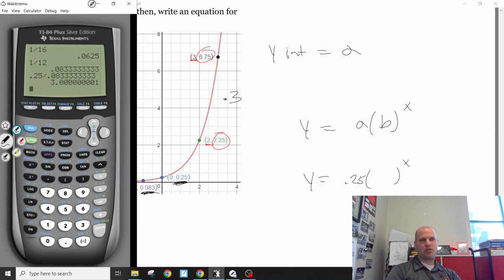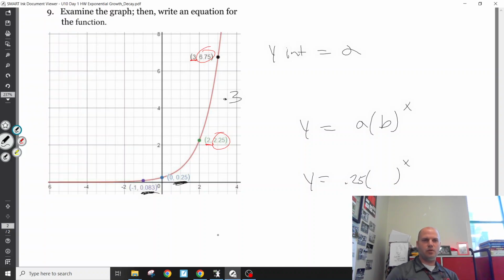I'm a little bit off from 3 because I'm using a decimal. If you use 0.25 and divide it by 0.083, since we're rounding this number, we're not going to get exactly 3. So these two numbers are probably easier to use, but you can see how it does work. You take this number, multiply it by 3, and you get that number.